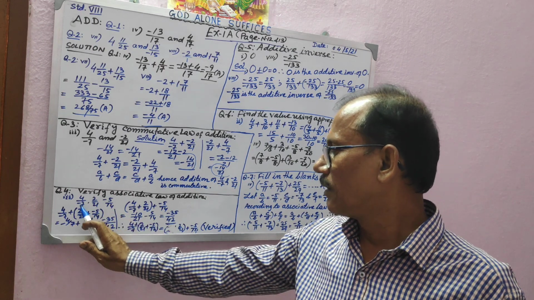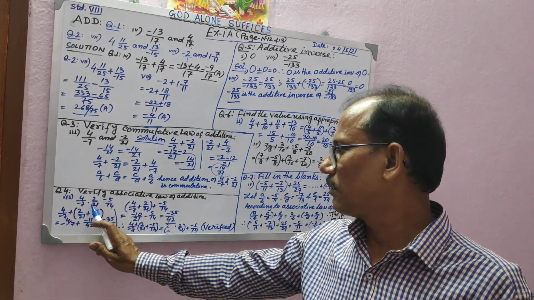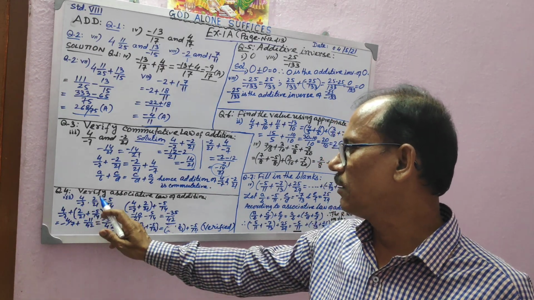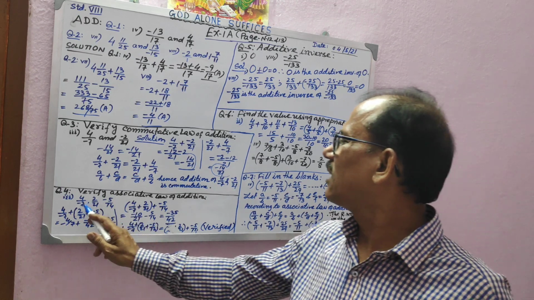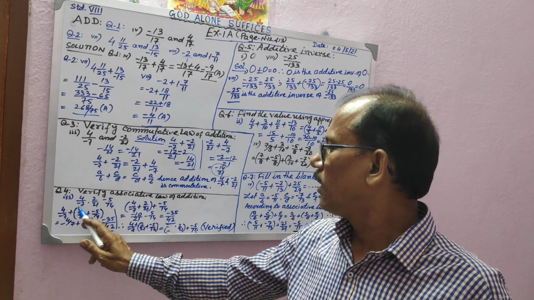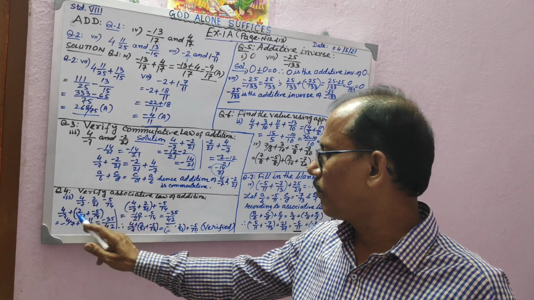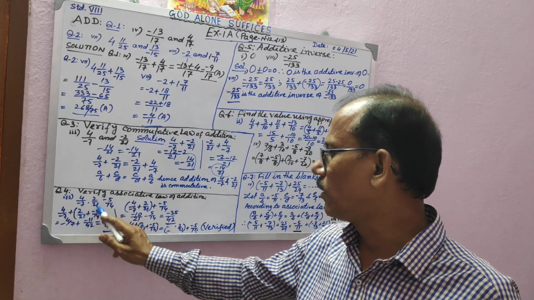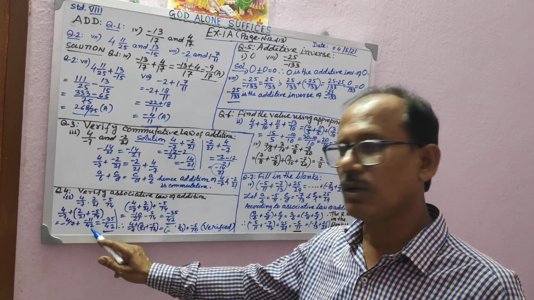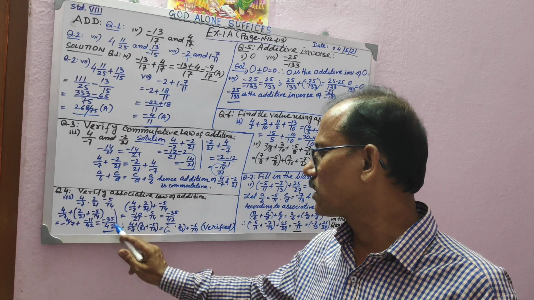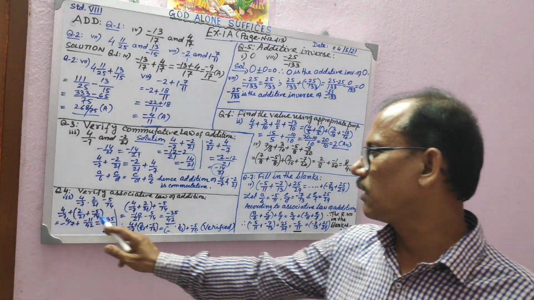Let us see. There are 3 rational numbers: 4 by minus 7, 2 by 21 and minus 5 by 14. See, you first take 4 by minus 7 and add it to the sum of 2 by 21 and minus 5 by 14, whatever it comes to. If you do the proper addition, you will find the answer. How it is done, you see it.